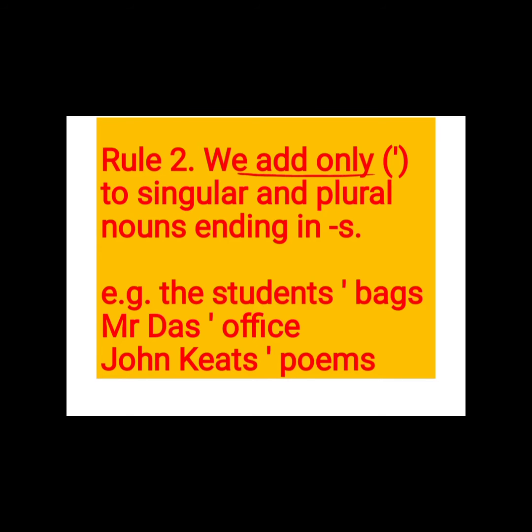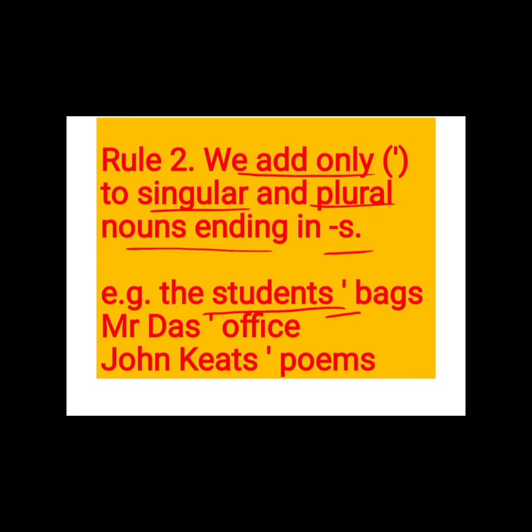We add only an apostrophe to singular and plural nouns ending in s. What is the meaning of this rule? It means that we add only an apostrophe sign to singular and plural nouns which are ending in s, like the students.